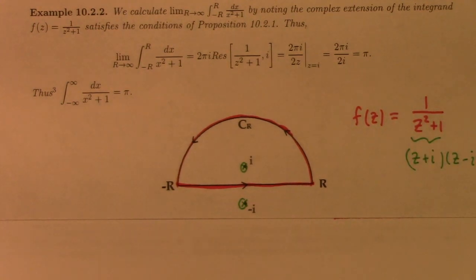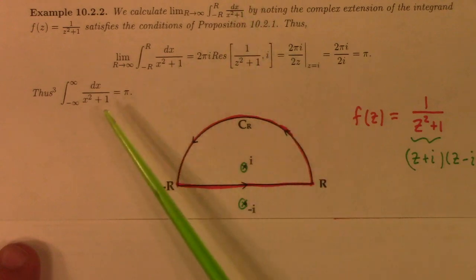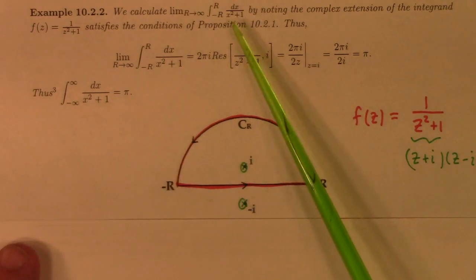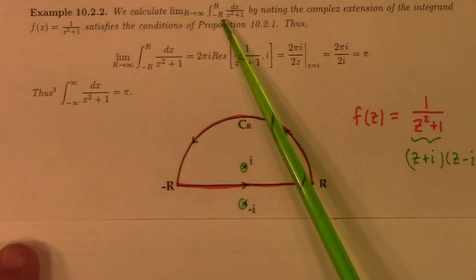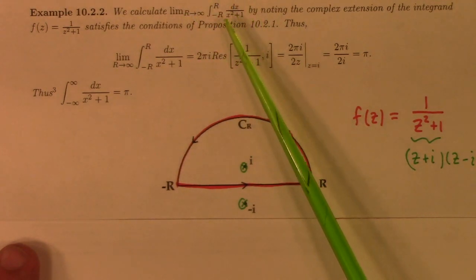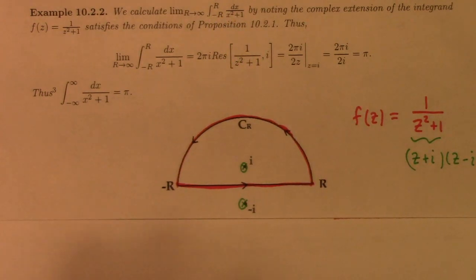To be fussy, this isn't quite the integral from minus infinity to infinity. This is technically what's called the principal value. When you take the limit as minus r and r both go to infinity symmetrically, that's called the principal value, which I define systematically in section 10.6. So we'll get there.